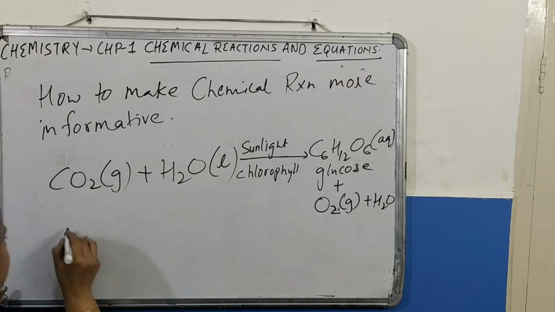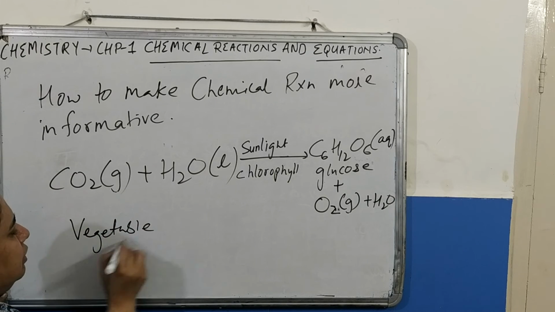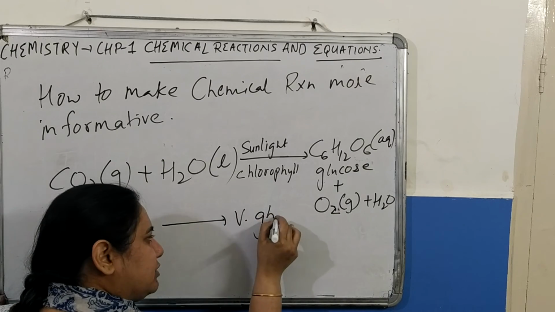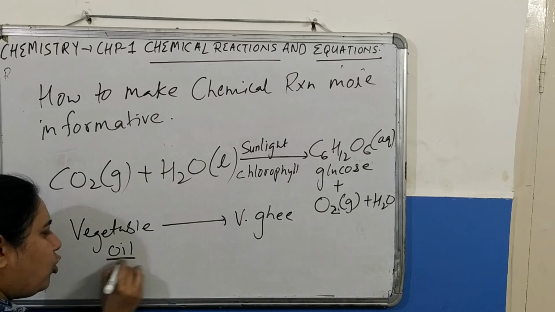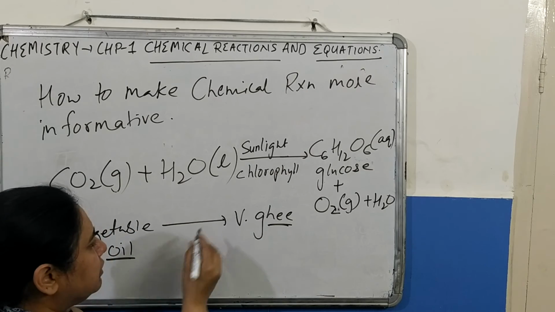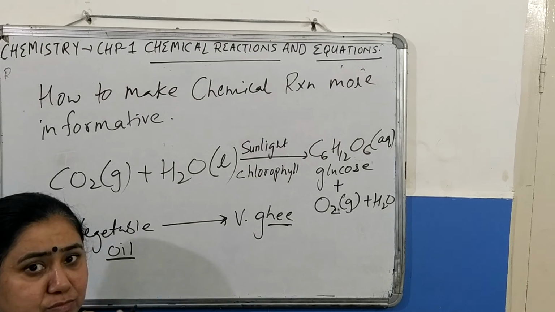One more example I can give you is vegetable oil, right? Vegetable oil can be converted into vanaspati ghee, vegetable ghee. So you can change oil into ghee, right? Which we will be doing in one more chapter, carbon and its compounds.